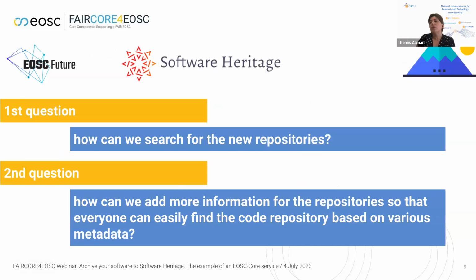And the second question was, okay, I can search with the URL, but how can we add more information for these repositories so that everyone can easily find the code they are looking for based on some metadata, based on a name, on a description, and metadata like we all use.